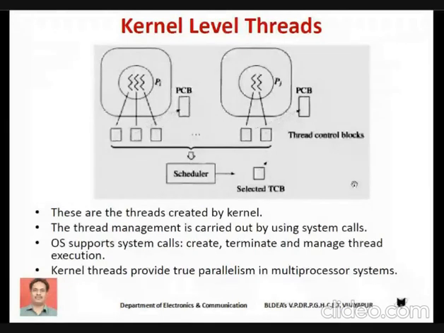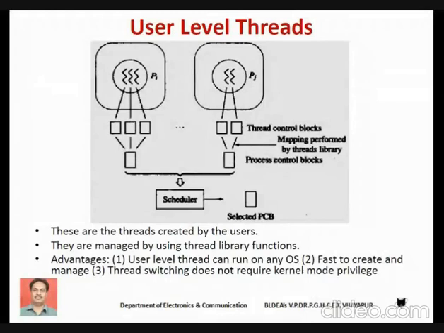On the other hand, user level threads are the threads which are created by the users. The programmers can create the threads in case the operating system does not support the thread concept. In that case, thread management is carried out by using thread library functions. There are some advantages of user level threads. First, they can be executed on any operating system.